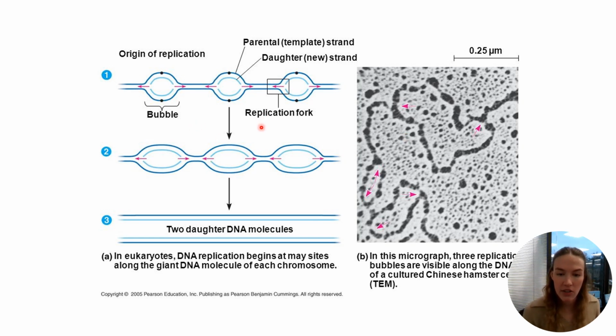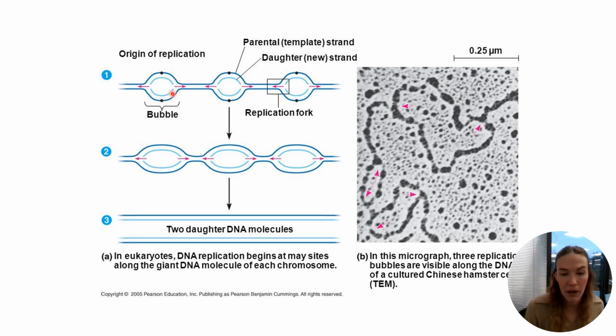Now, the fun part here is that you can actually have lots of origins of replication because it would be very, very slow considering how large our genome is. Our genome is very large in comparison to something like a prokaryote. We need to have lots of origins of replications and lots of things opening these up and adding in new nucleotides so that we can be very efficient. And so that's what we have, and all of these origins of replications make a replication bubble.